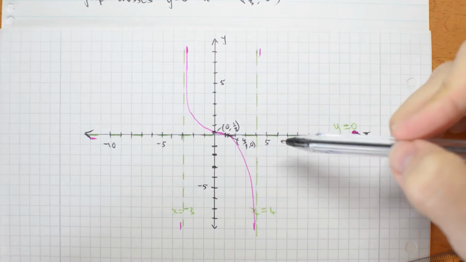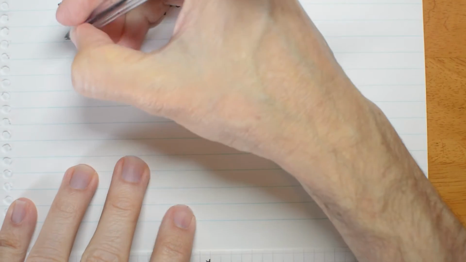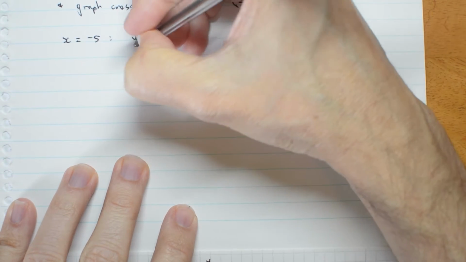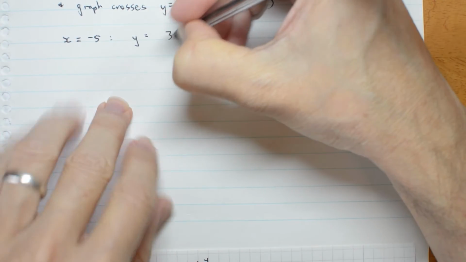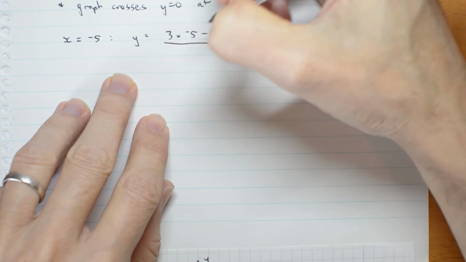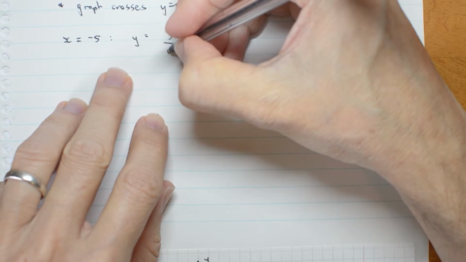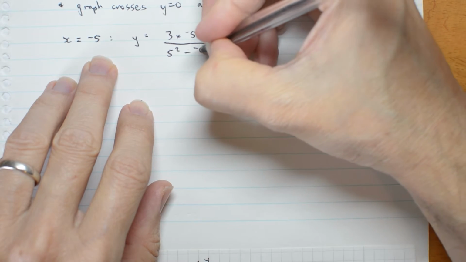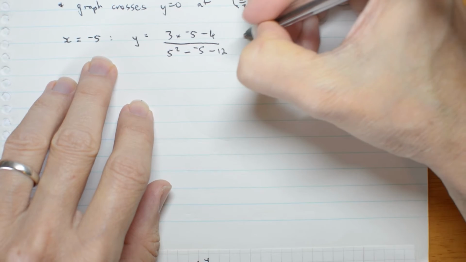Let's try -5 and +6. At x is -5, y is (3 times -5 minus 4) over (5 squared minus -5 minus 12).